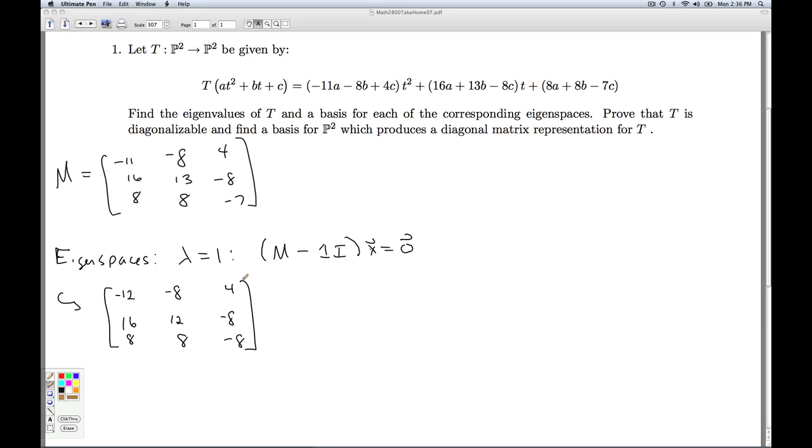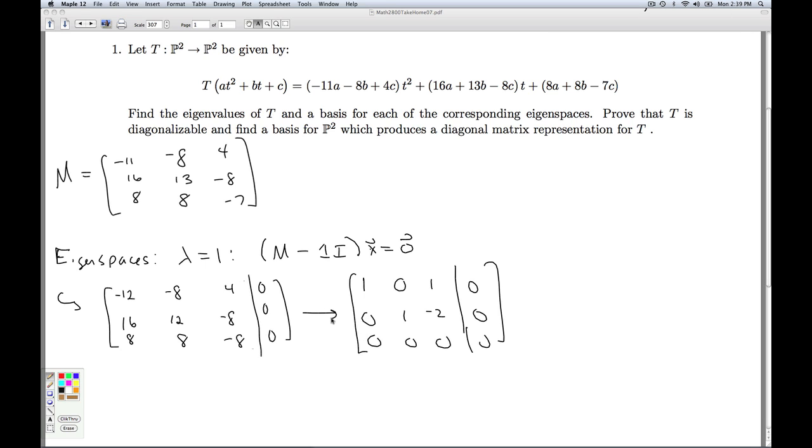Technically we have an augmented matrix with a bunch of zeros on the other side. That's not going to affect anything, but we'll put those in for completeness. We'll put this into reduced row echelon form and see what we get.